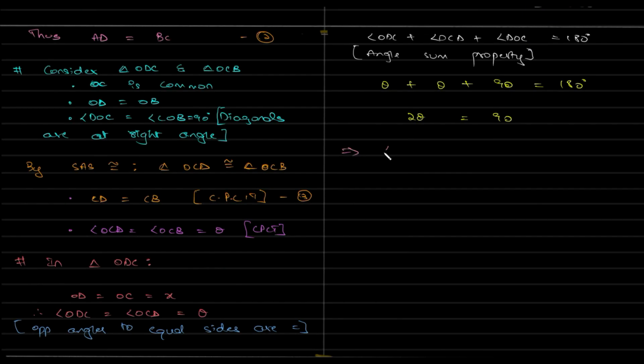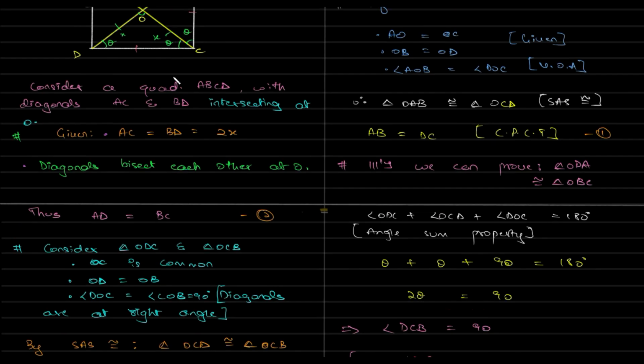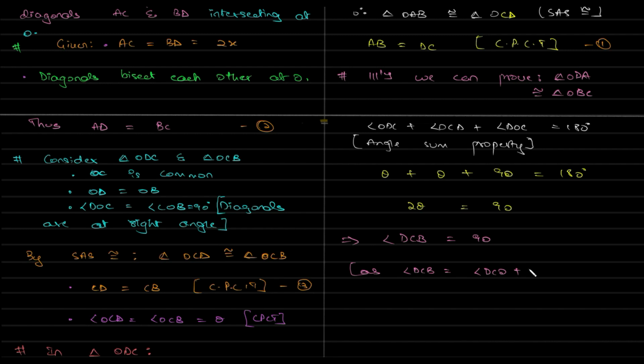Thus, this implies angle DCB is equal to 90 degree, as angle DCB is equal to angle DCO plus angle OCB, which is equal to theta plus theta, which is equal to 2 theta.